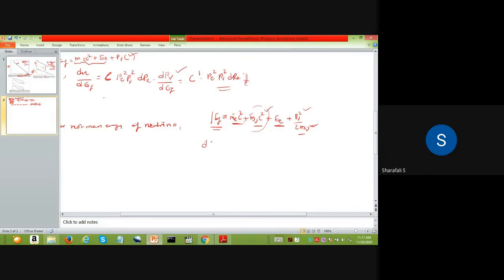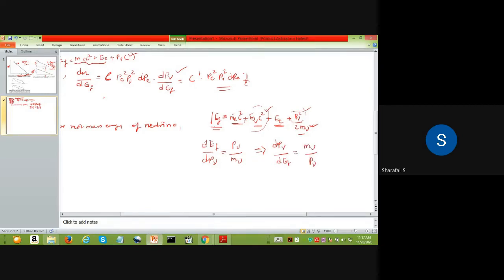Let's take dEf by dp nu. If you take the derivative of this one, we'll get 2p nu, that 2 will get cancelled, then we'll get p nu divided by m nu.